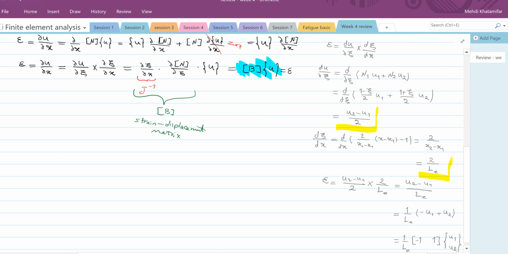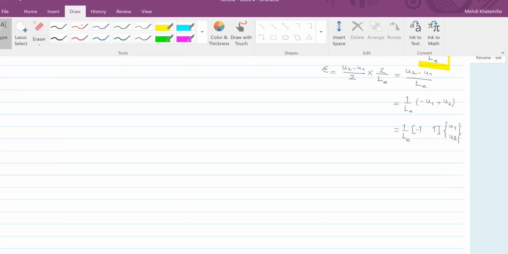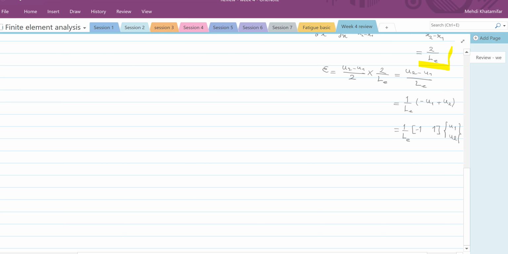Strain is matrix B times U. Let's see what we found here. This is our matrix B and vector U. Therefore, our matrix B is going to be minus 1, 1, divided by the length of element. Okay.